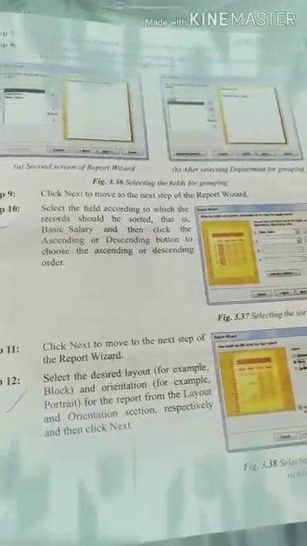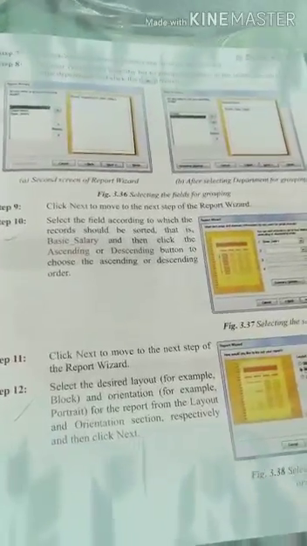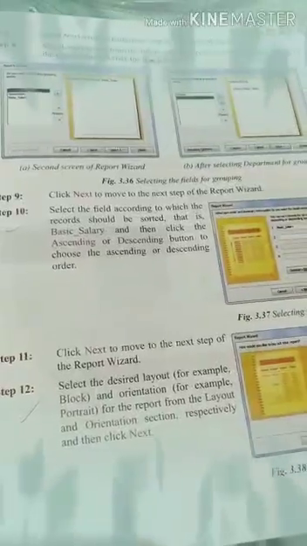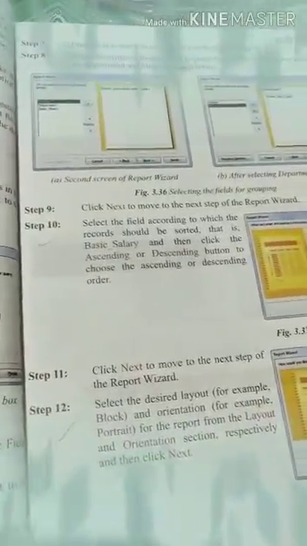We can select the layout: stepped, blocked, or outline. And we can select the orientation of the layout. If I select portrait, then we will find our report in portrait format. If we select landscape, then we will find our report in landscape format.